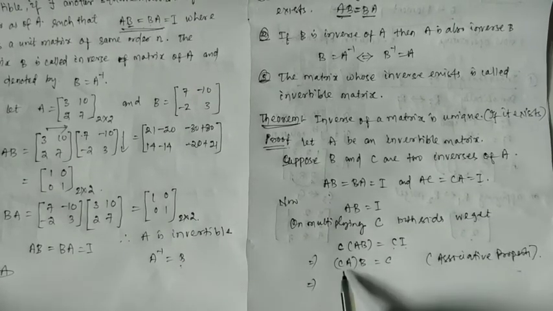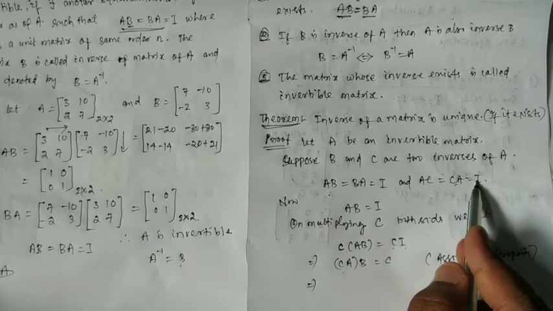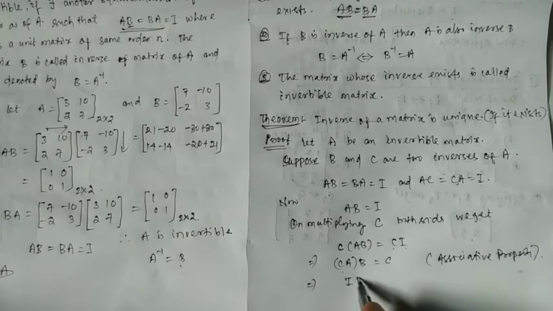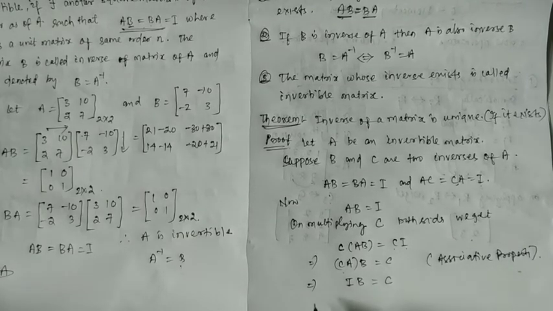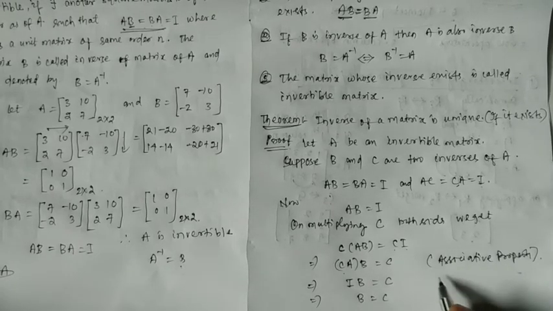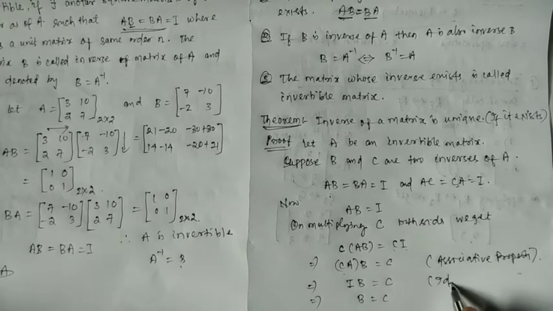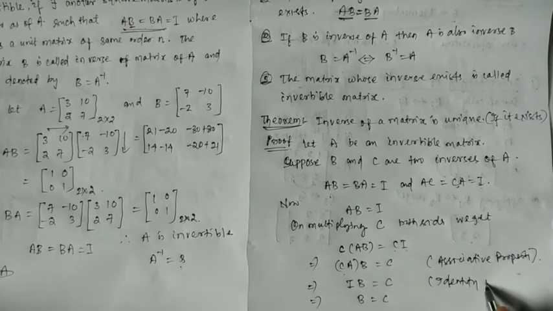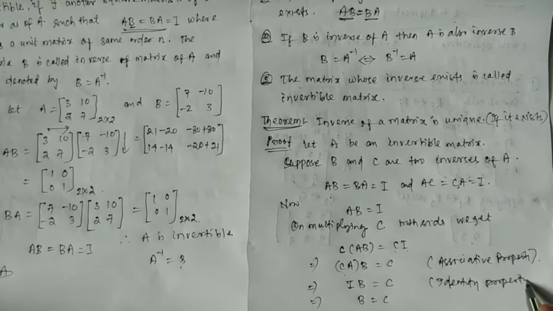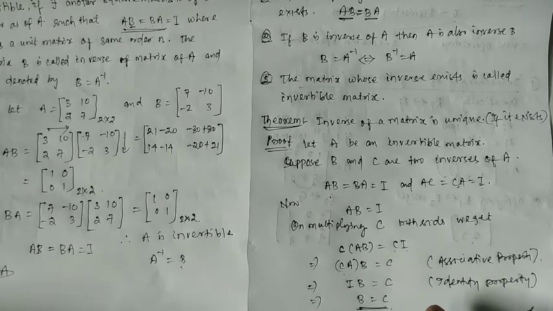That implies, but CA is identity here, so we can write I times B equal to C. That implies B equal to C by the identity property of matrix multiplication. So here we get B equal to C.